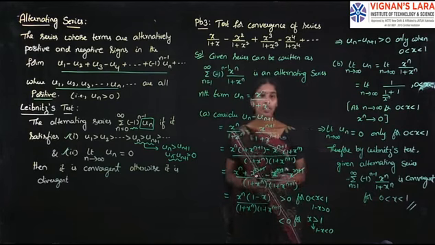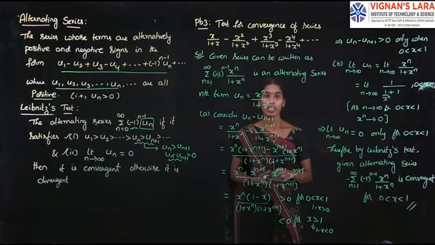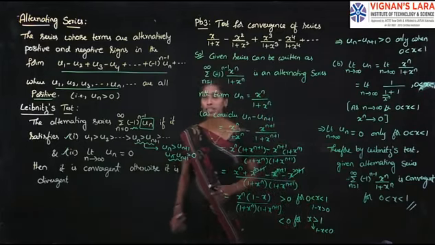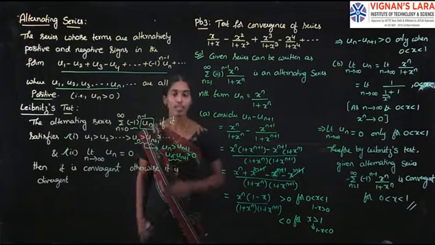If x value is outside this boundary, given series is not convergent, it is divergent, right? Like this, we have to identify the nature of the alternating series, right?